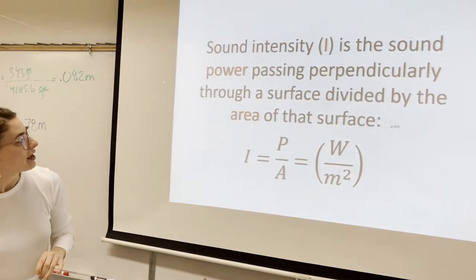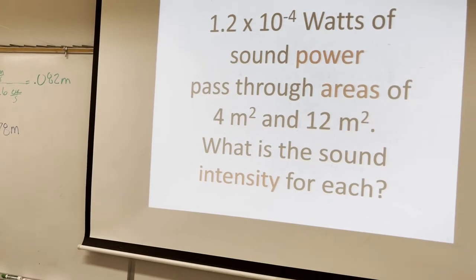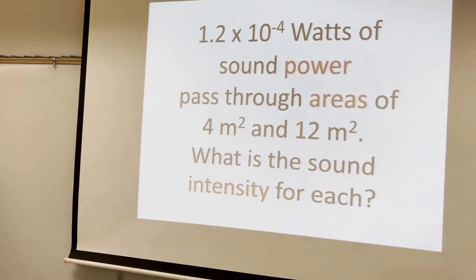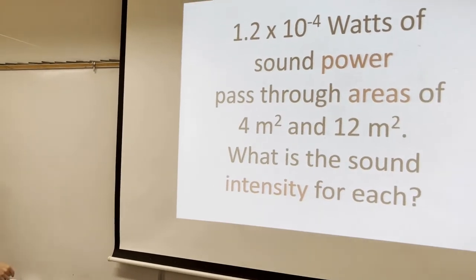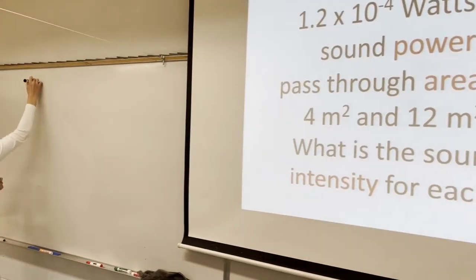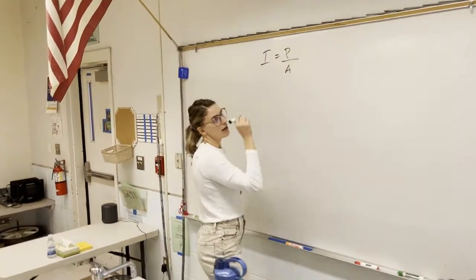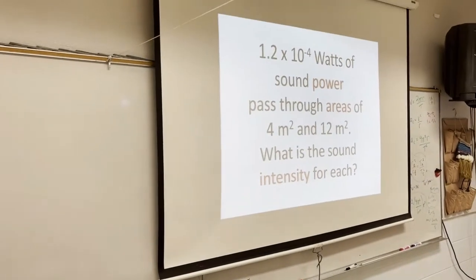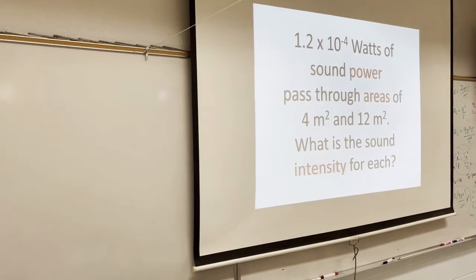Okay, so let's go ahead and do an example of this one. What was that equation? Intensity equals power over area. It says 1.2 times 10 to the negative 4th watts of sound power pass through areas of 4 meters squared and 12 meters squared.